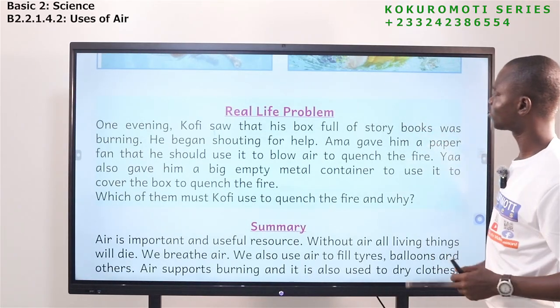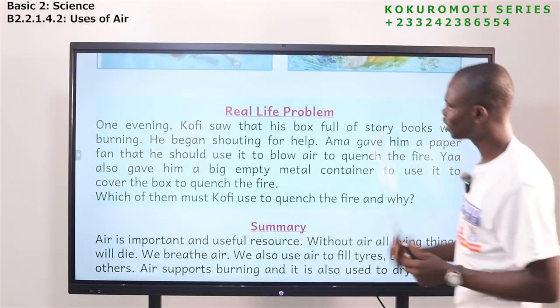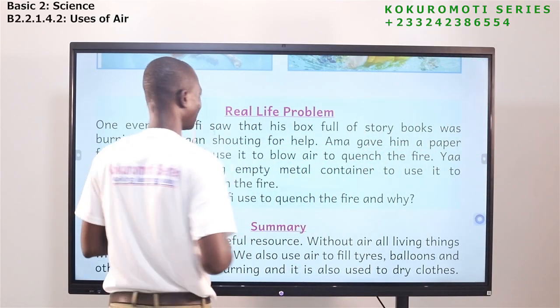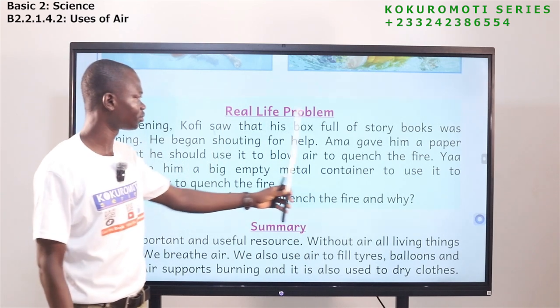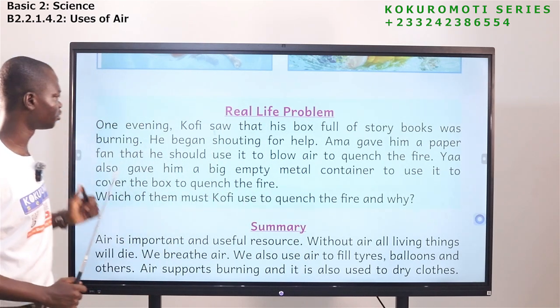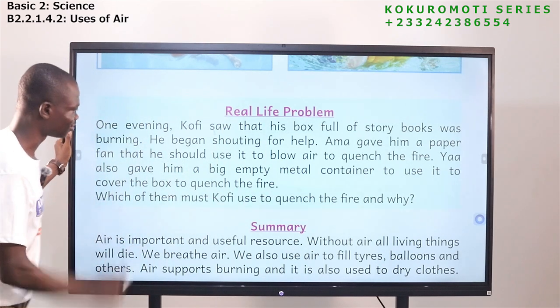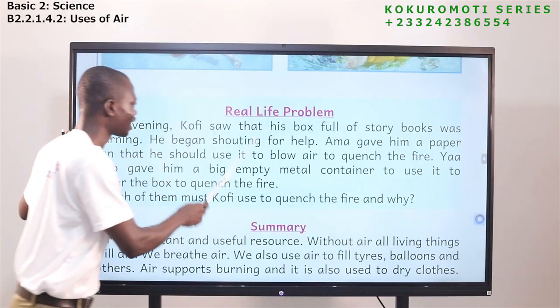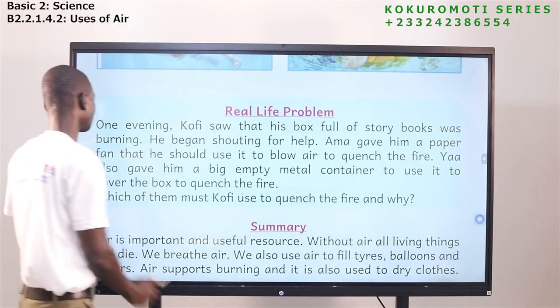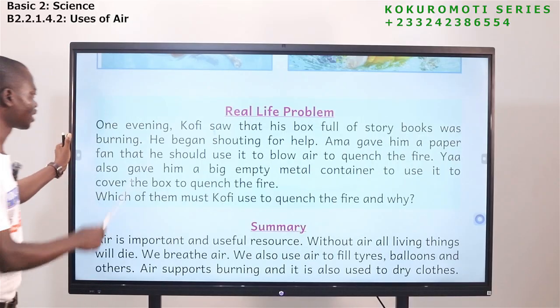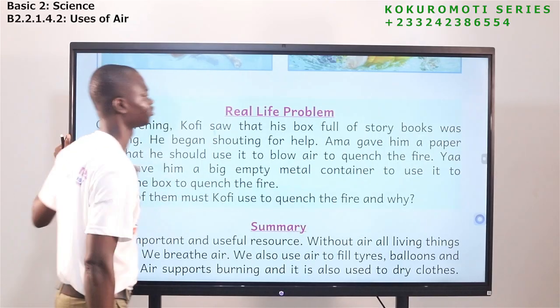So what have we learned today? Hey, there is a question here. Now let's look at this. Pay attention. Real life problem. Let me read for you. One evening, Kofi saw that his box full of storybooks was burning. He began shouting for help.